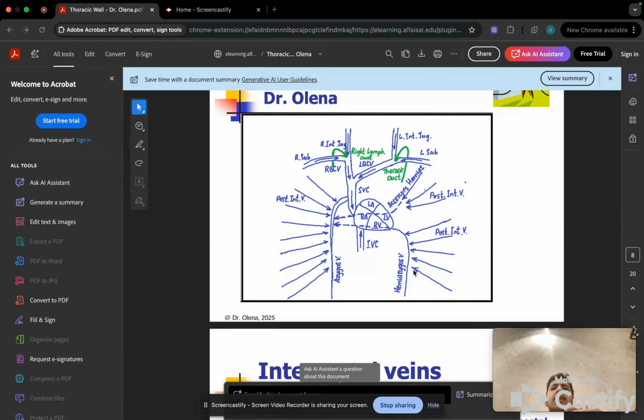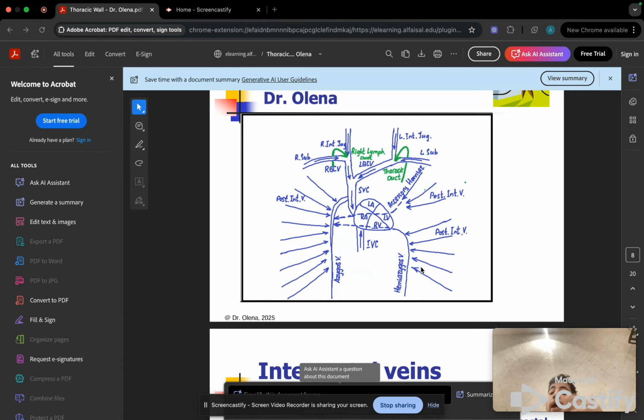For your information, I think you just need to say where the intercostal veins drain to: the posterior, to either the hemiazygous or the azygous vein. And also the hemiazygous and the accessory hemiazygous will then drain into the azygous vein itself.